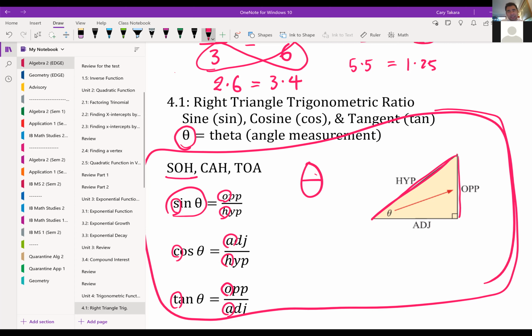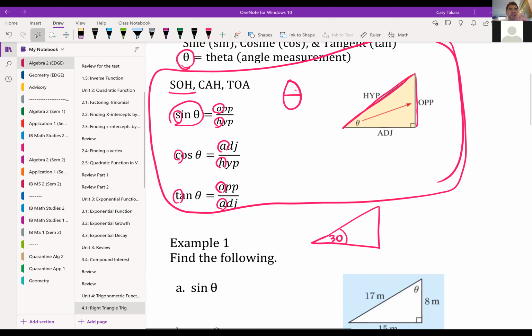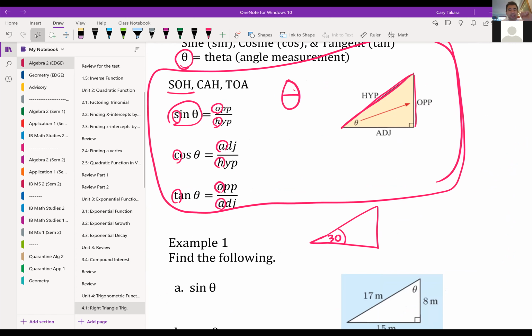What it means is that if you have a certain angle measurement, let's say 30 degrees, you have a specific ratio for that angle measurement.